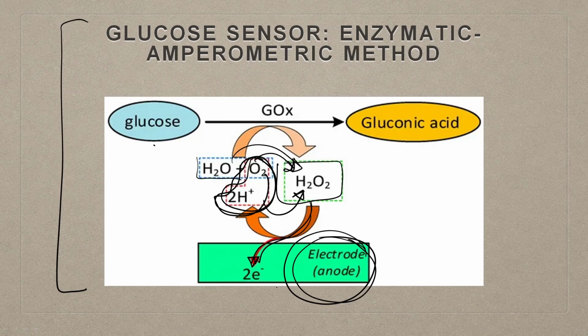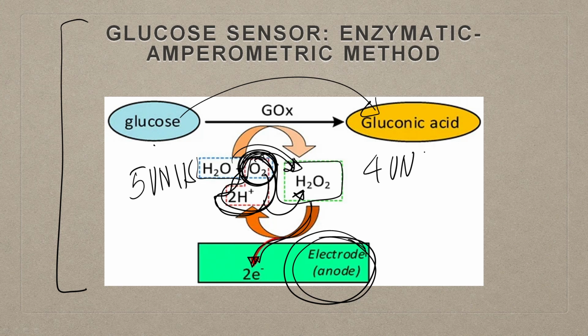So, if you look at this whole reaction carefully, glucose is getting converted into gluconic acid, and this conversion is a function of oxygen. Say, for example, you have 5 units of oxygen in the beginning. Because of this reaction, the oxygen goes to, say, 4 units. From 5 to 4 units, there is a minus 1 unit.